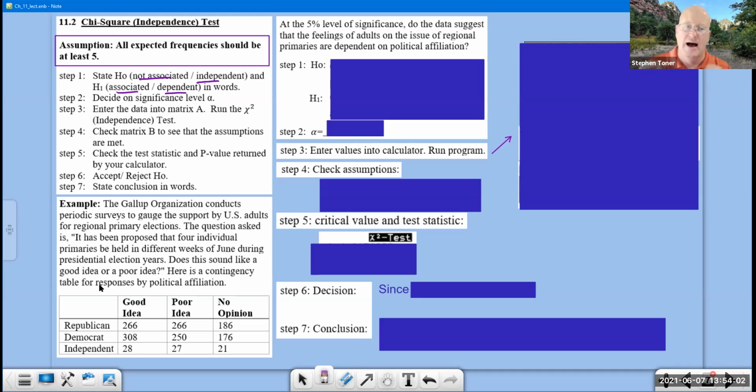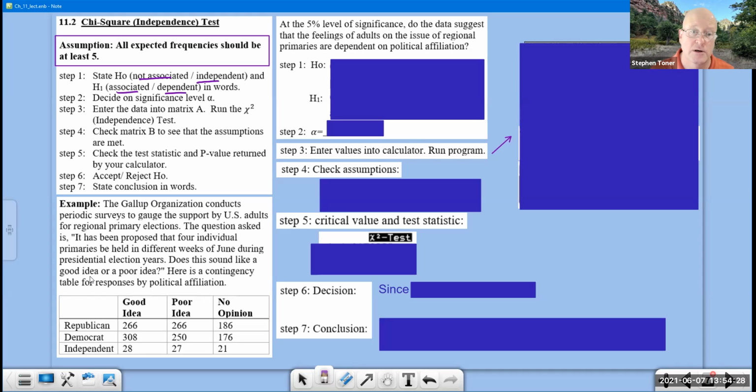The Gallup organization conducts periodic surveys to gauge the support of U.S. adults on regional primary elections, as opposed to state-by-state elections. The question asked is, it has been proposed that 4 individual primaries be held in different weeks of June during presidential election years.